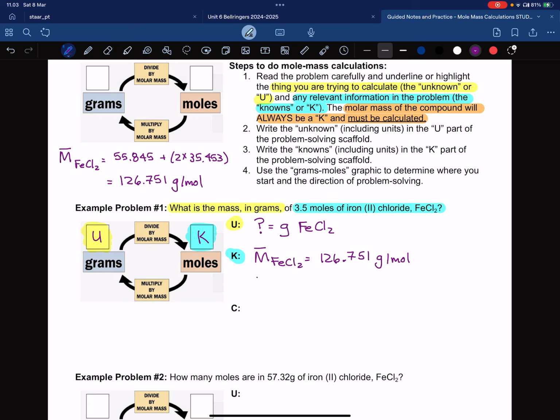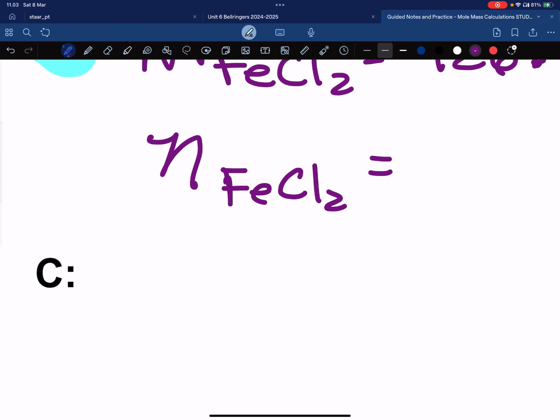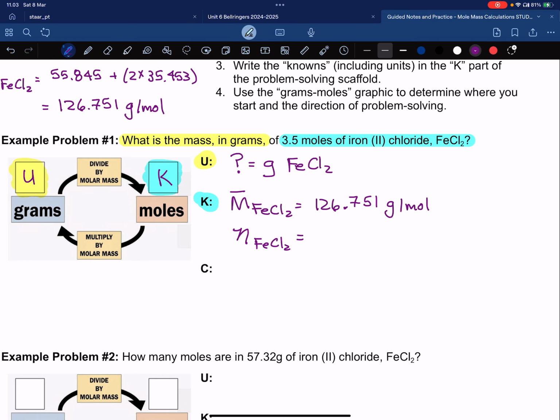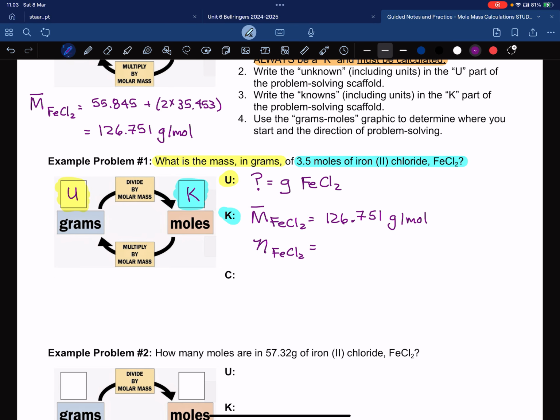The known number of moles of iron 2 chloride, with that funny looking n being the Greek letter that is the symbol for the number of moles, is 3.5 moles, which I got from here.